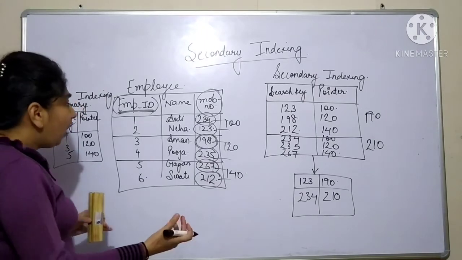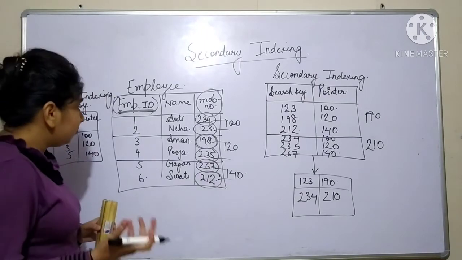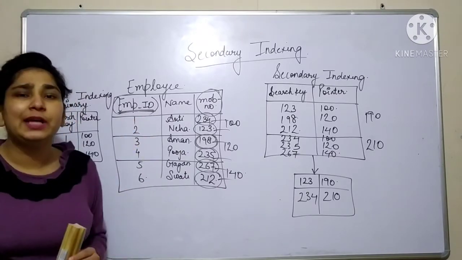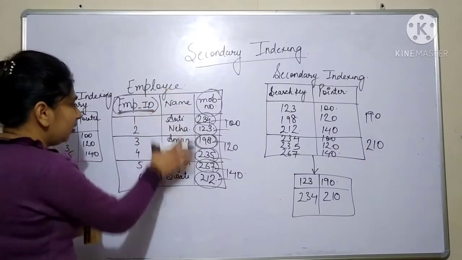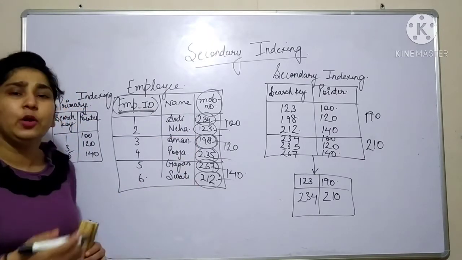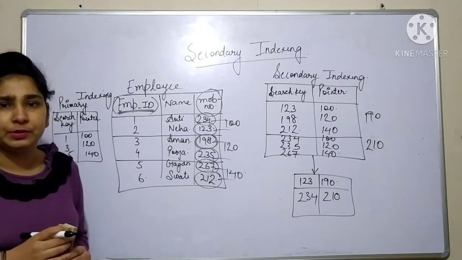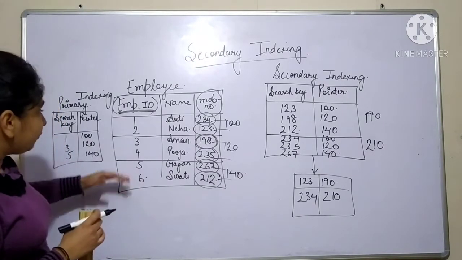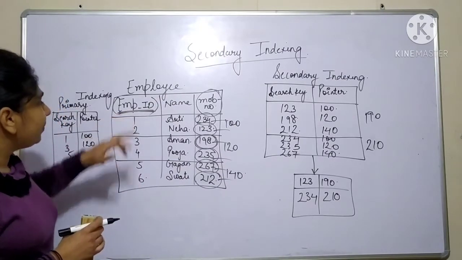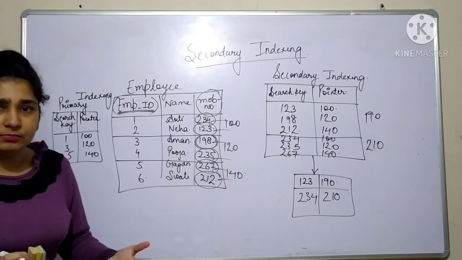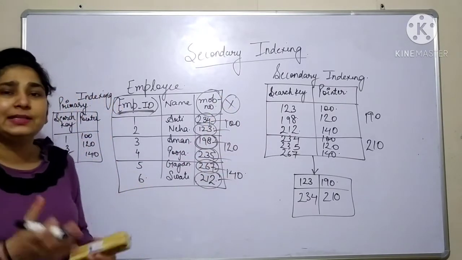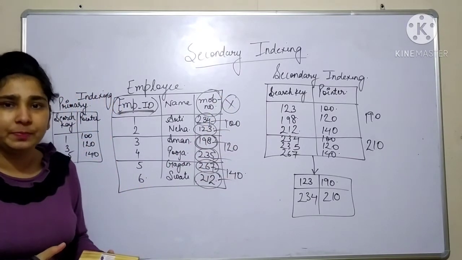Because if you observe, at one particular point of time, we can arrange all the tuples only on the basis of one attribute. If you are arranging all the tuples of this relation on the basis of employee ID, then your mobile number order is getting disturbed.